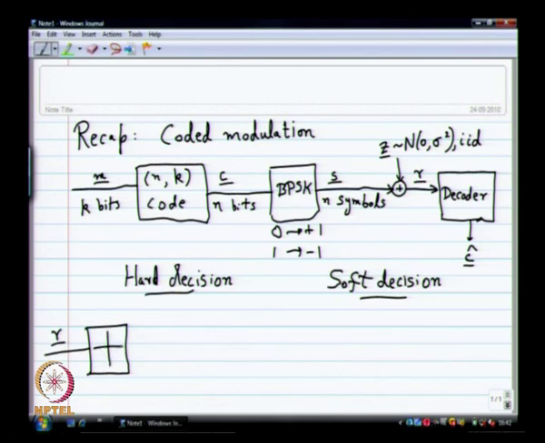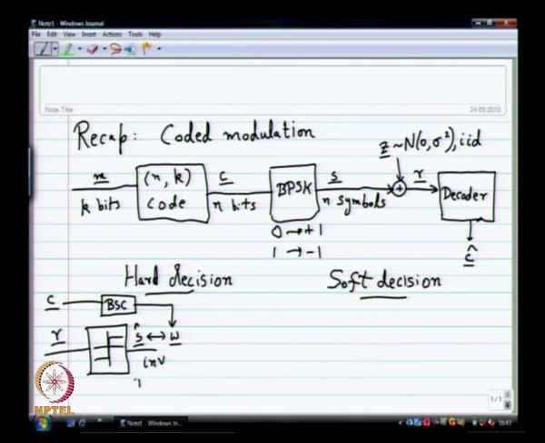Okay, so you slice it, and this is a symbol by symbol slicer, and you produce an estimate S cap, which is basically equivalent to what I called W, and this W was basically from C you can have a binary symmetric channel and you can get W. So, that was the idea. So, your S cap would be a symbol, it will be +1 or -1, from +1 you go to 0 and -1 you go to 1. Okay. So, this is basically inverse BPSK.